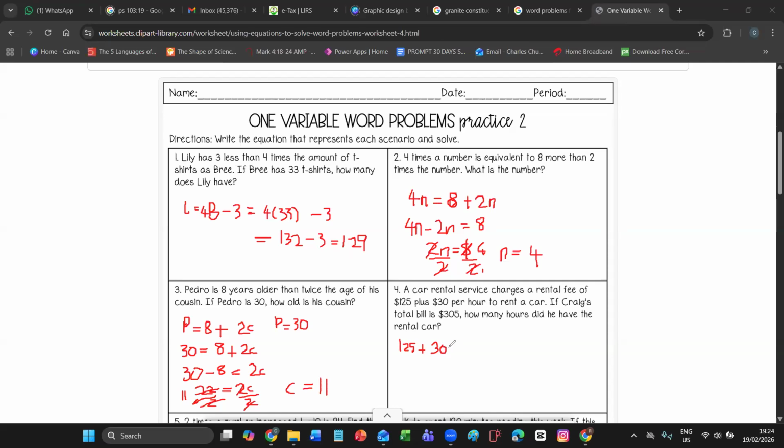You are free. You can choose any letter you want to represent the number of hours he had the car for. Just H. H, okay, we'll use H. I also thought of using H too.